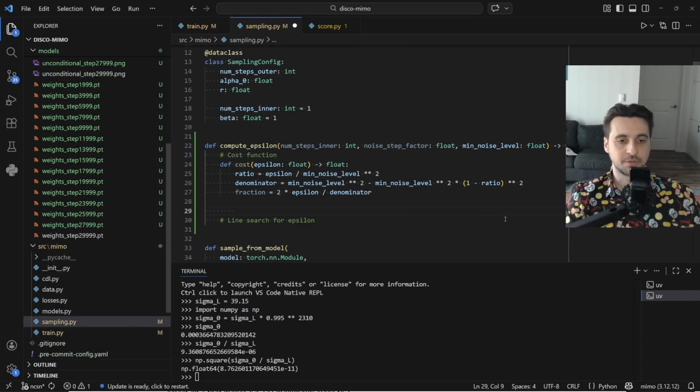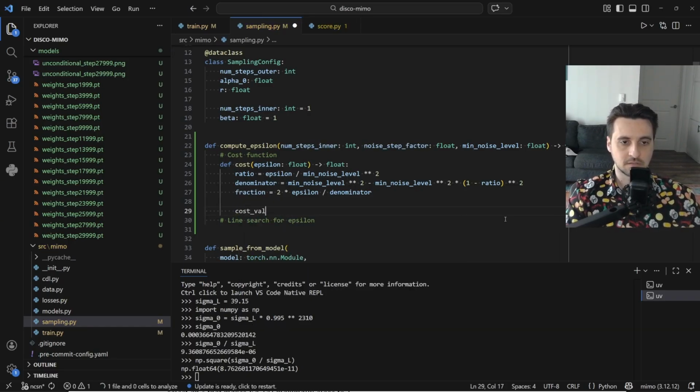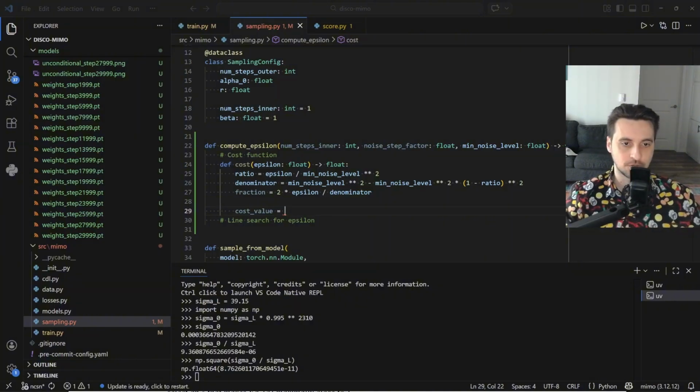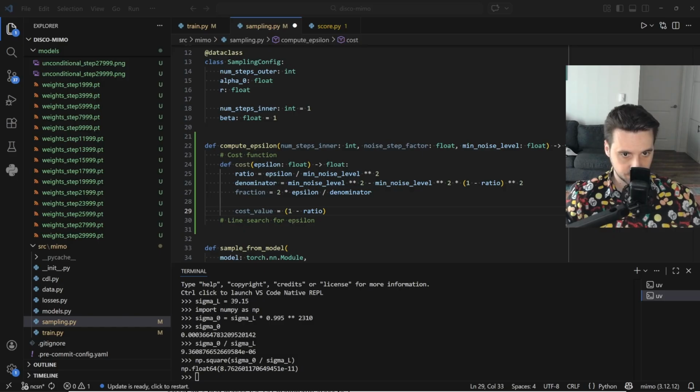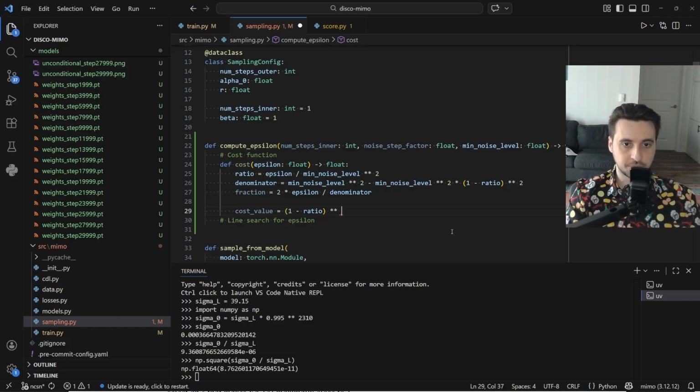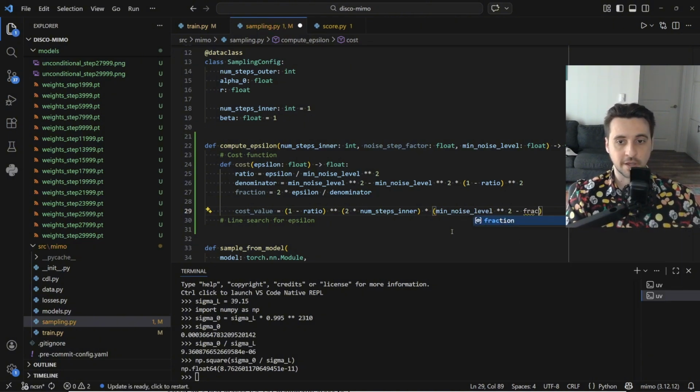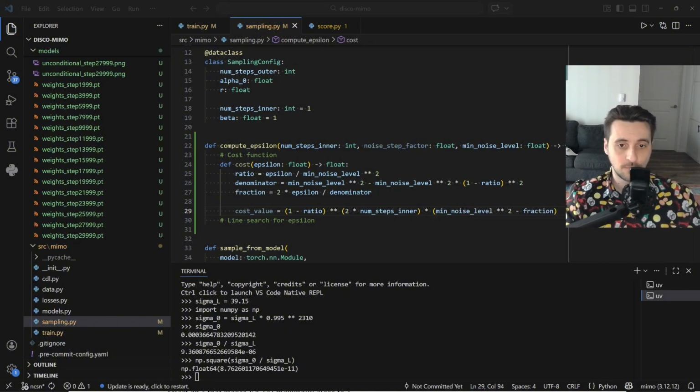Okay, and then we can just return the cost. The cost value will be 1 minus ratio to the power of 2 times num steps inner, times min noise level squared, minus fraction, plus fraction on the outside.